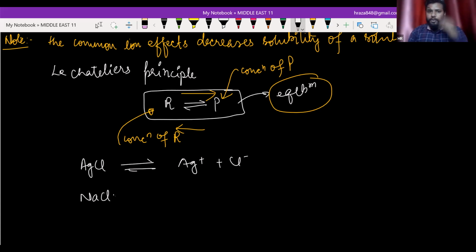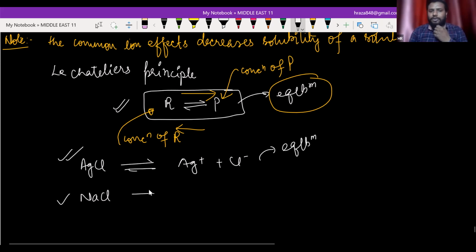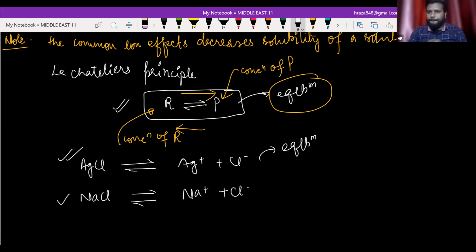In a chemical equilibrium, we added basically the reactant as well as product, same thing. Here AgCl is dissociated into ions Ag+ plus Cl- in a solution, and this has achieved its equilibrium. And now you are going to add NaCl in this solution, or it will be Na+ plus Cl-. Okay.